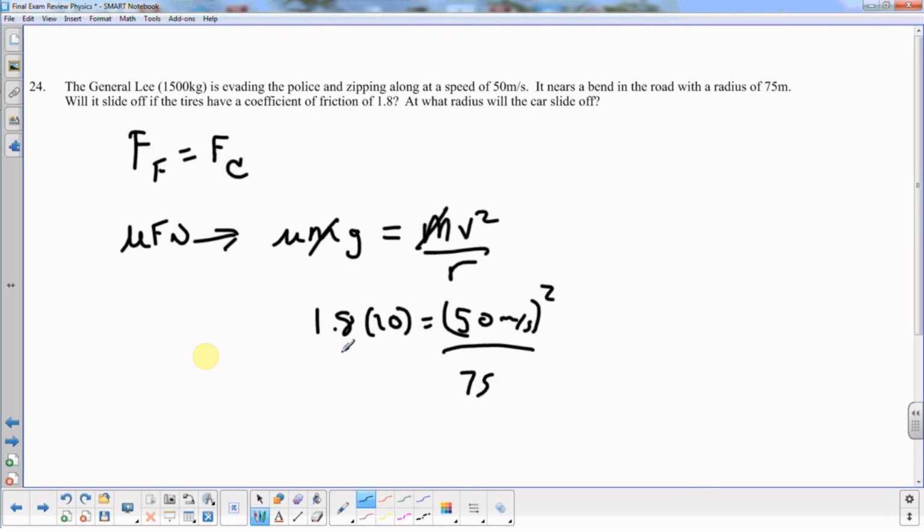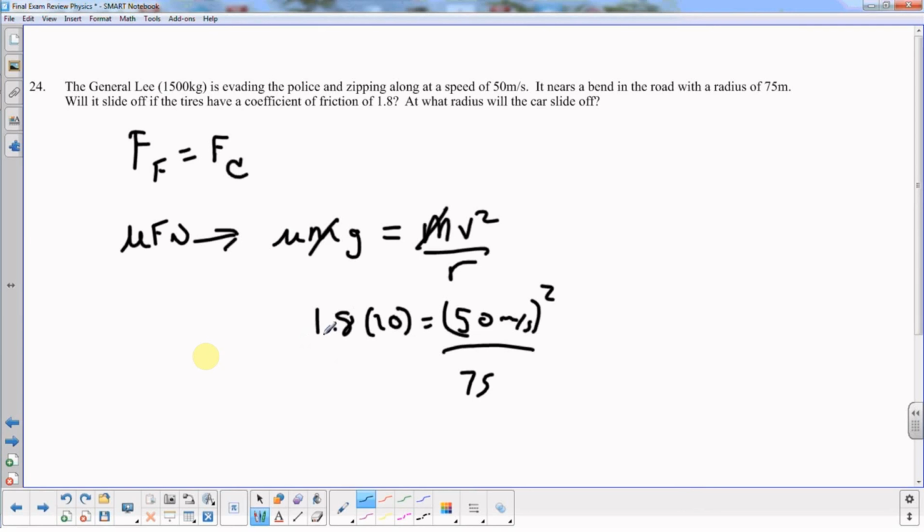You might say, but wait, there's nothing to solve for. Well, you're looking at, is this friction bigger or smaller than the centripetal stuff needed to keep it on the road? Now, I could also throw in the 1,500 kilograms. So is there more friction than centripetal force? But we know, through what we've done this year, that the masses will cancel. So basically, if this side is bigger than this side, the tires can handle it. If this side is bigger than this side, you need more centripetal acceleration than the tires can give you.